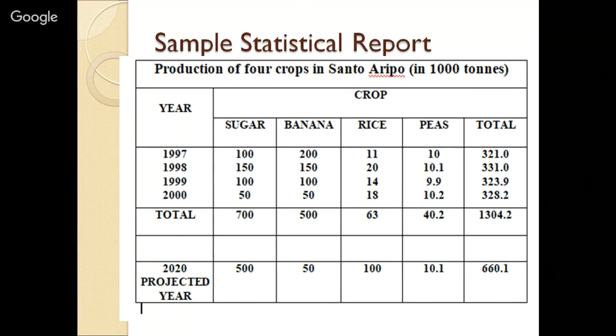Cherise, are you saying that rice is decreasing? I'm seeing Wolf saying increase, Mill saying fluctuating. So we see 11, 20, 14, 18. So it starts at 11, goes up, goes down, and goes back up. So it's fluctuating, all right.